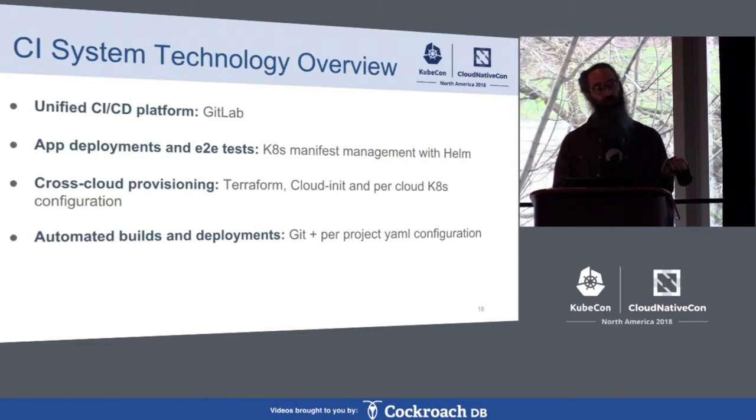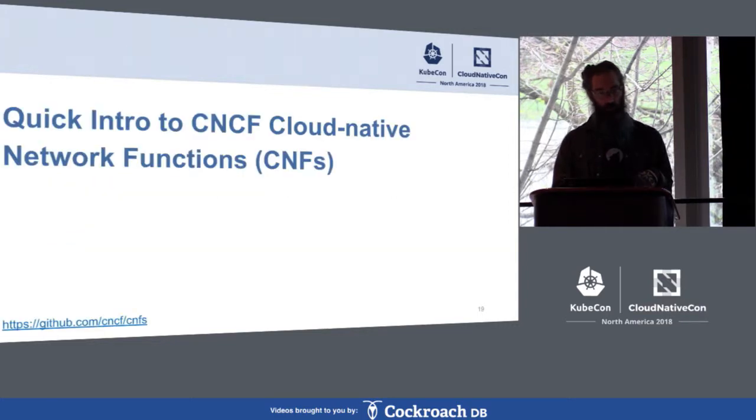And the CrossCloud itself is a mixture of Terraform, which allows us to target multiple cloud providers easily. Usually the provider code is maintained by the clouds, and then cloud-init is normally used to kick off the bootstrapping of Kubernetes with per-cloud manifest and configuration. And then all of this is driven from Git and YAML configuration.